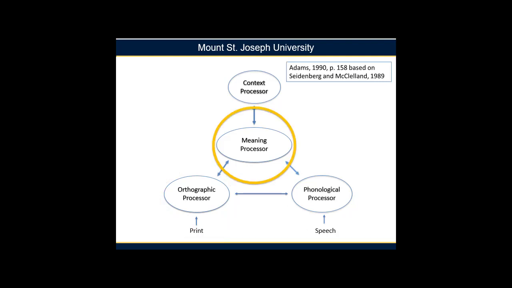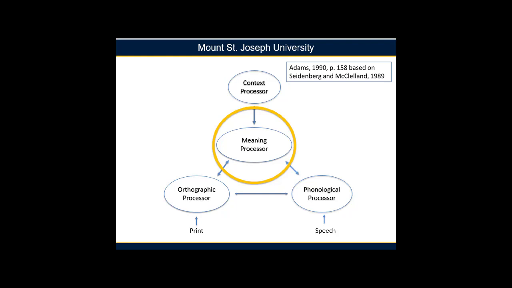The meaning or semantic processor is the brain network that processes meaning. Many regions of the brain are involved in understanding a word once it is recognized, notably the angular gyrus. The meaning processor interprets the meaning of words in and out of context. Here, our mental dictionaries, our lexicons, store both meanings of words and their pronunciation, influenced by the phonological processor.